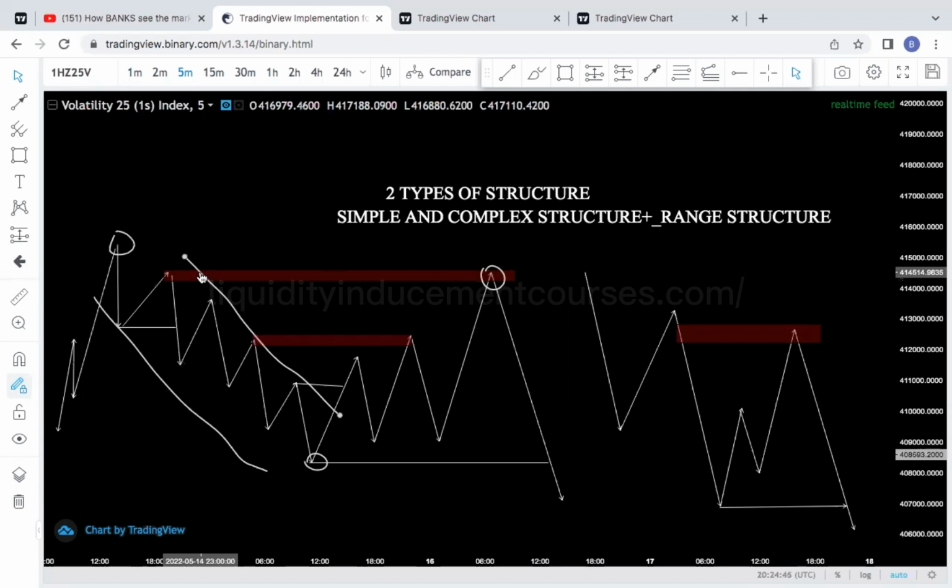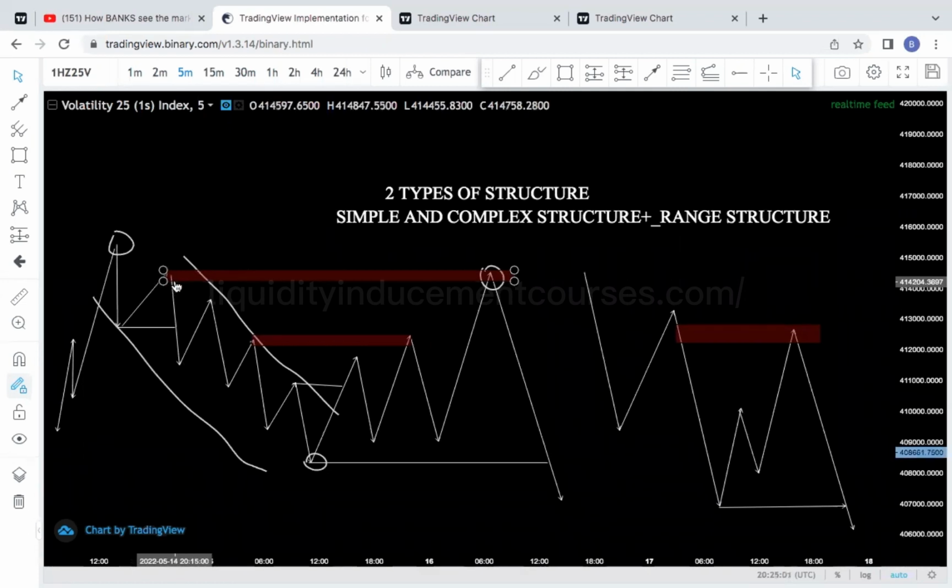I'll introduce all of those concepts I'm mentioning as we make progress. Okay, so it goes back to mitigate our primary zone or our primary major structure. I talked about major liquidity, I talked about external liquidity, right? So when price goes back to mitigate major liquidity, we have a deep corrective wave.